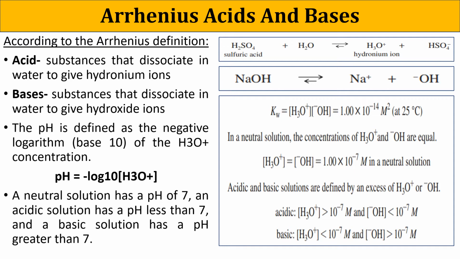Svante Arrhenius introduced the Arrhenius theory, which defined an acid as a substance that dissociates in water to give hydronium ion. The stronger acids such as sulfuric acid were assumed to dissociate to a greater degree than weaker acids such as acetic acid. According to the Arrhenius definition, bases are substances that dissociate in water to give hydroxide ions.